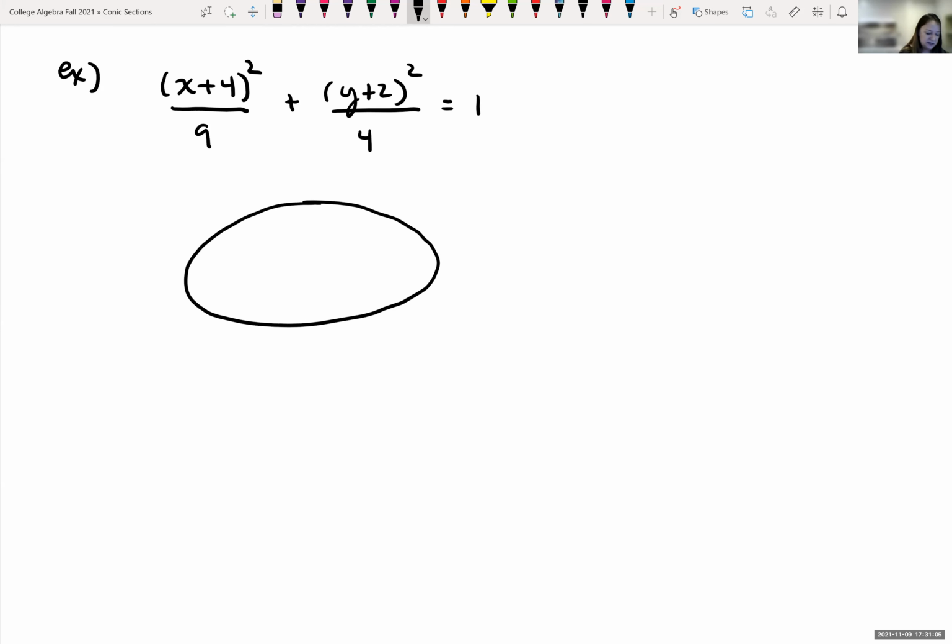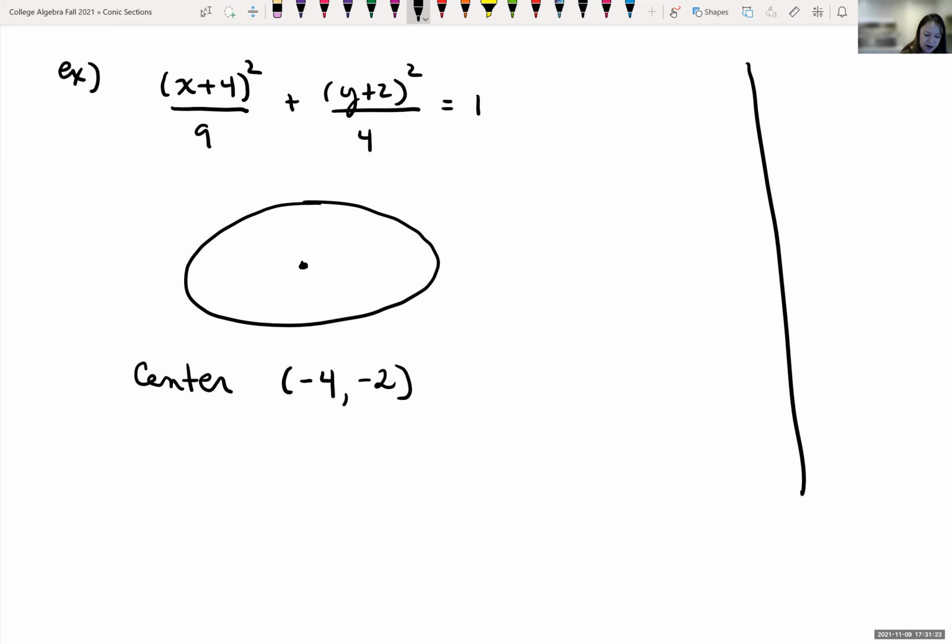And so here we know what our center is because it's in that form. So h, k: my h value is opposite of the x term, so -4, comma, my k value is opposite of what's inside, so -2. So I know I have a center at (-4, -2).